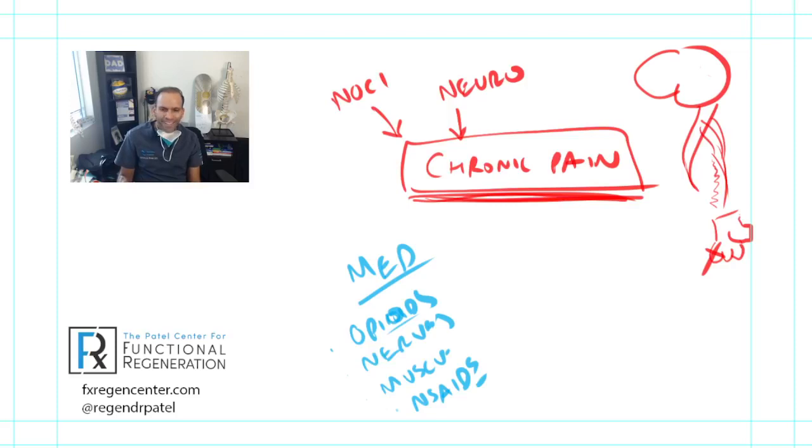There are some newer kids on the block, things like CBD, which are showing promise in decreasing inflammation, and that's something that could be considered either topically or orally to help with chronic pain. And then there are non-medication, non-supplement things, devices that could be used to actually decrease pain, such as electrical stimulation devices.